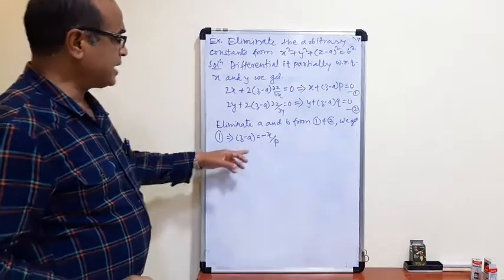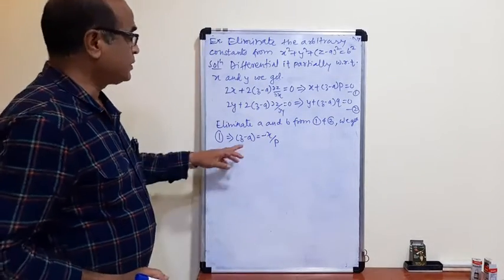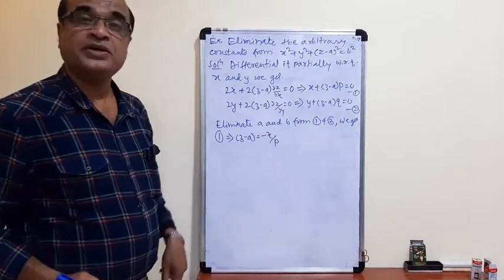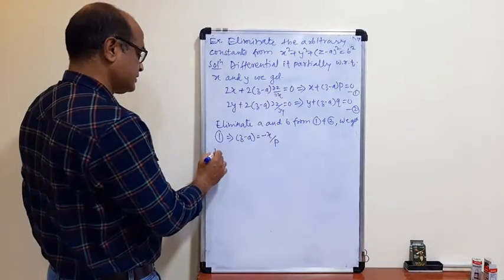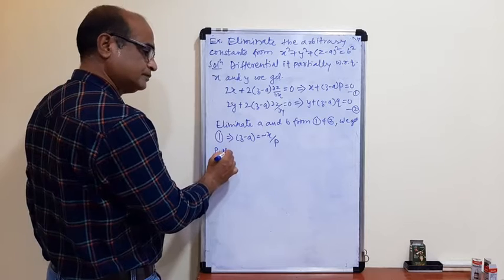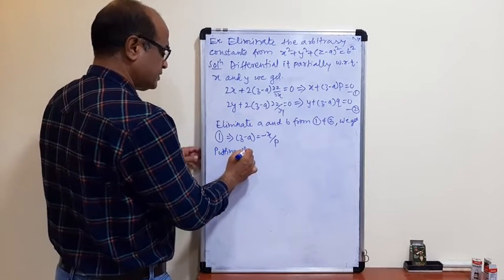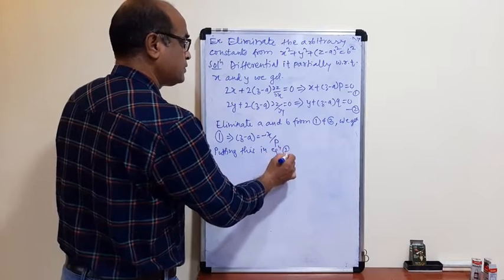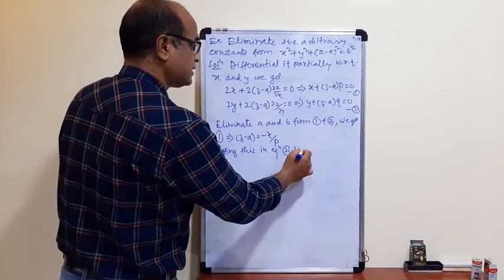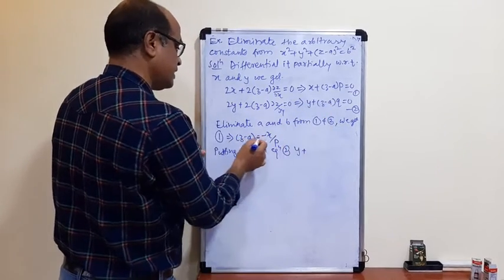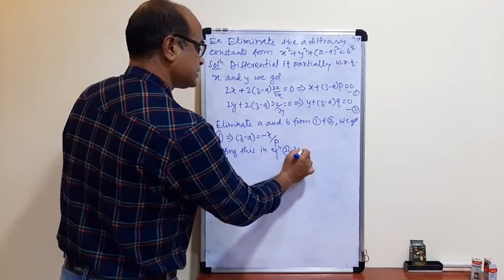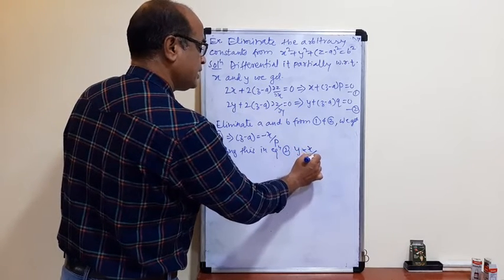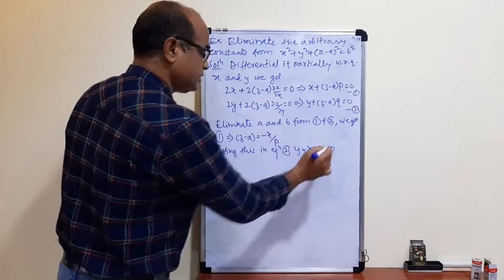So z minus a is equal to minus x upon p. Putting this value in equation 2, we get y plus (z minus a), that is minus x upon p, into q is equal to 0.